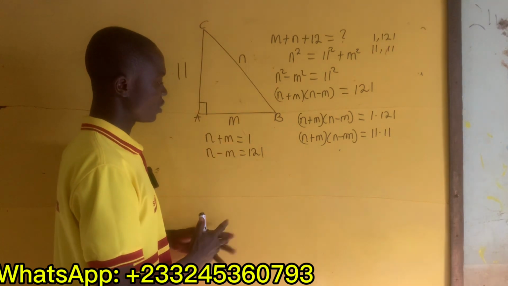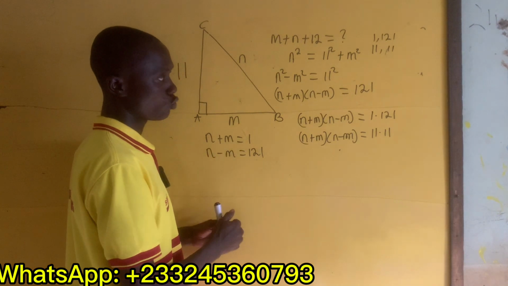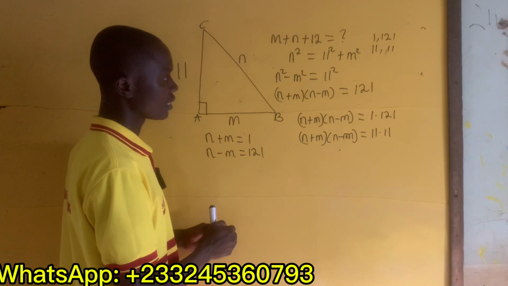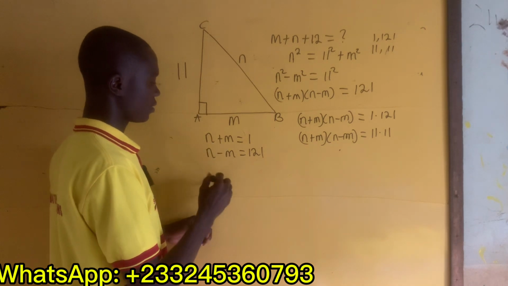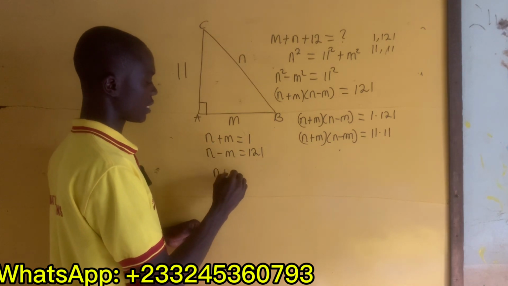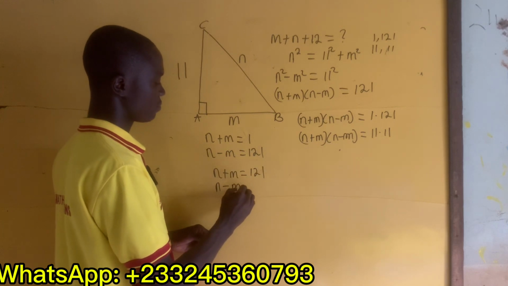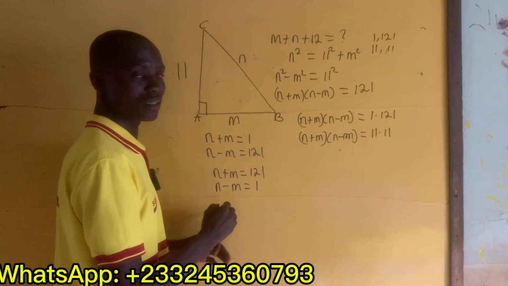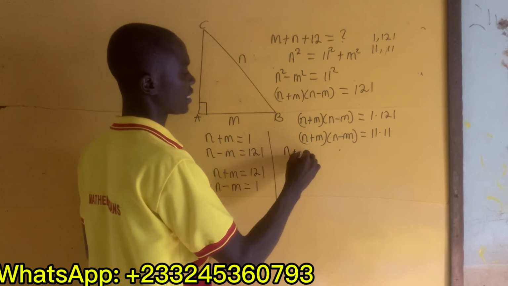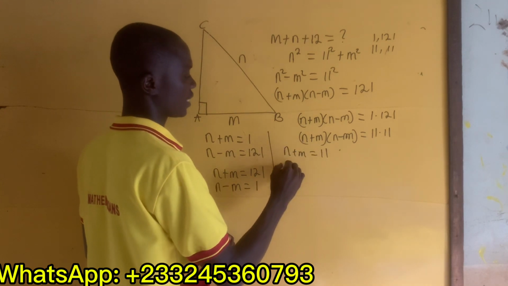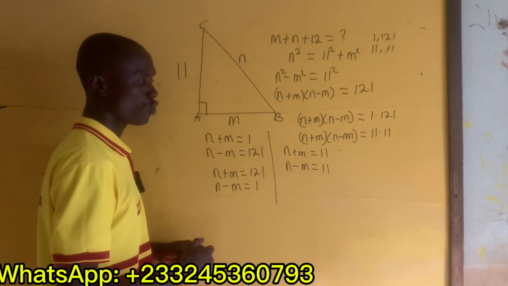So n plus m is 1, n minus m is 121. Then you also have another option: n plus m equals 121 and n minus m equals 1. Then here too, we have n plus m equals 11 and n minus m equals 11. That one is also an option.